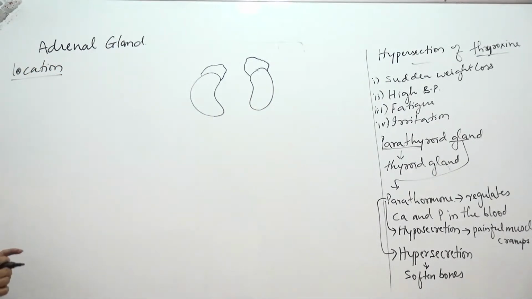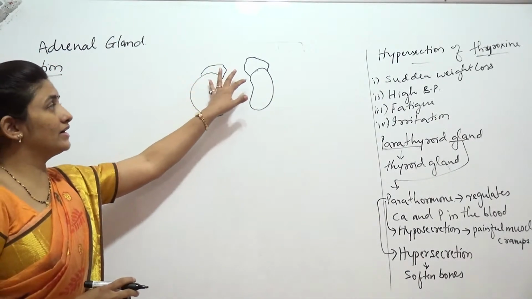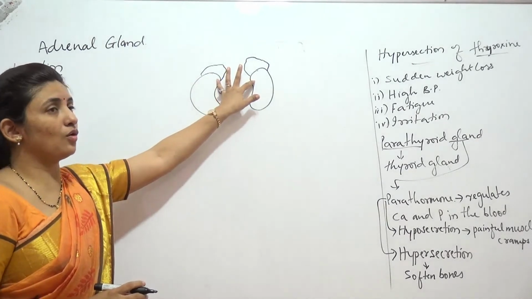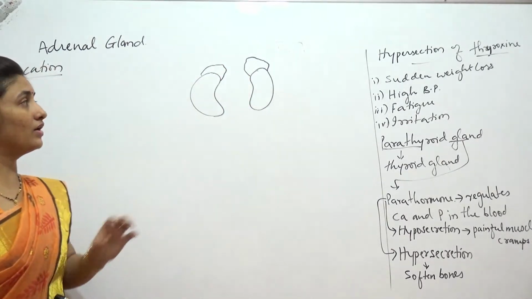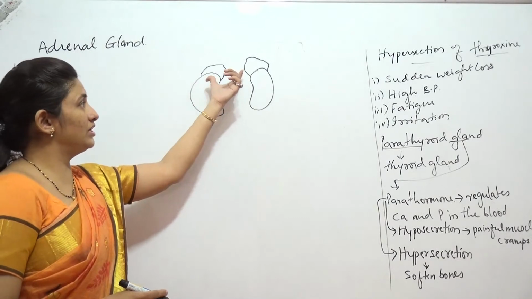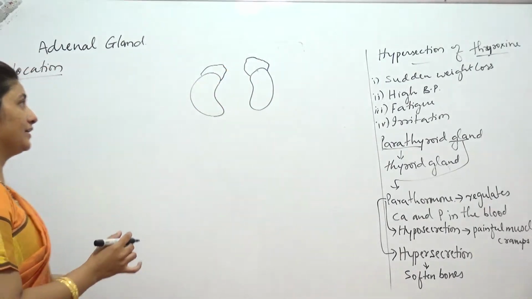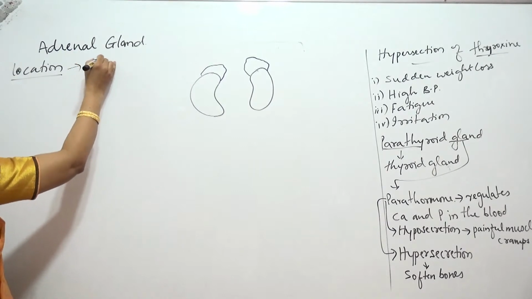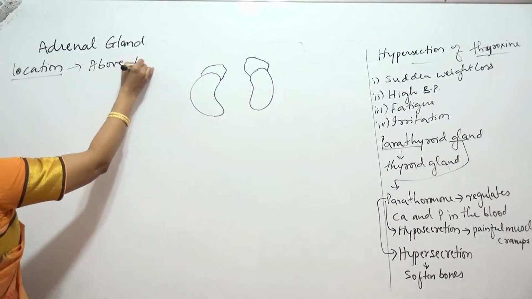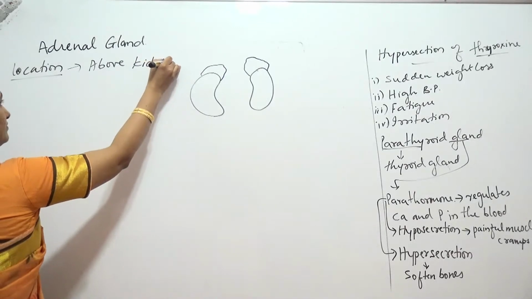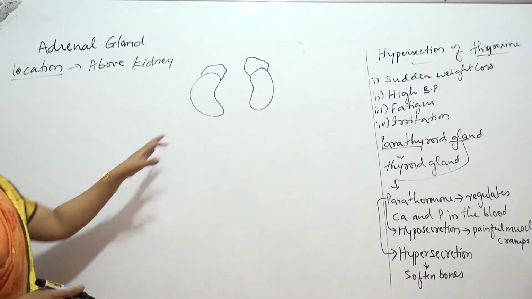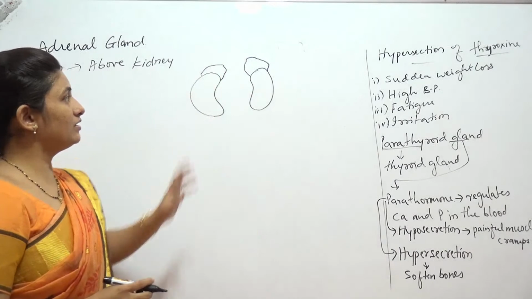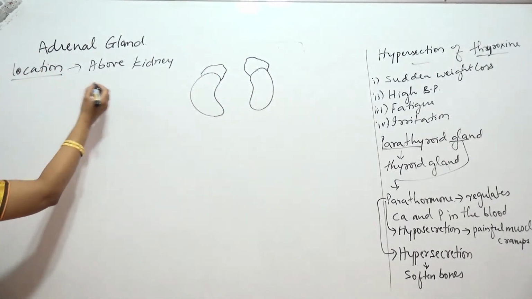They are located on the upper side of the kidney, each one on either side of the kidney. A pair of adrenal glands are present above the kidney. That is the location.